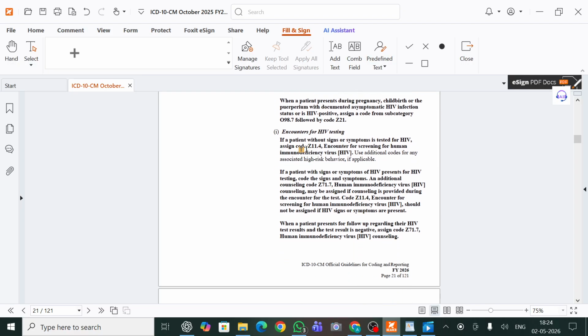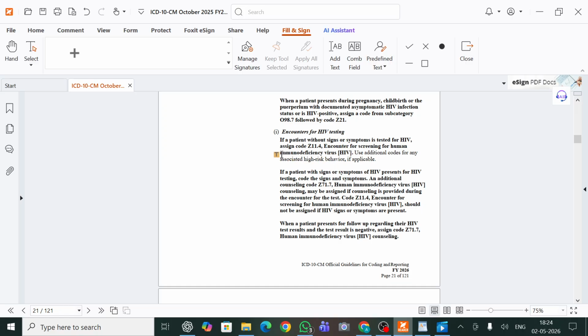Next one, encounter for HIV testing. I already told you, if the patient without signs and symptoms is tested for HIV, assign code Z11.4. This is the screening code.